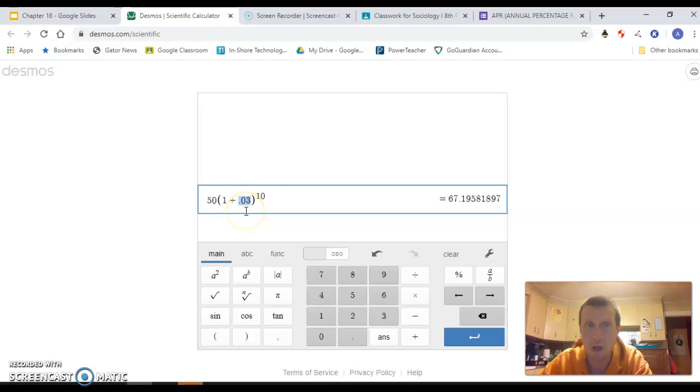Now, do keep in mind with the exponents, let's say that this changes. Let's say that I want to find out how much that savings bond is going to be worth at the end of just 1 month. There are 12 months in the year.